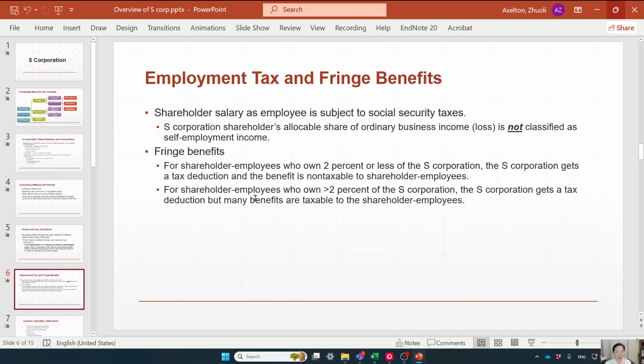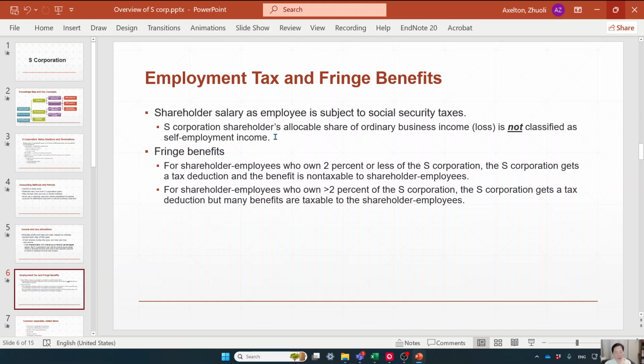And employment tax and fringe benefits, this is something a little bit unique for the S Corp. The shareholder's salary is treated as a payment to employees, and it is subject to Social Security tax or the payroll tax. And the S Corp shareholders' allocable share of ordinary business income or loss is not classified as self-employment income.